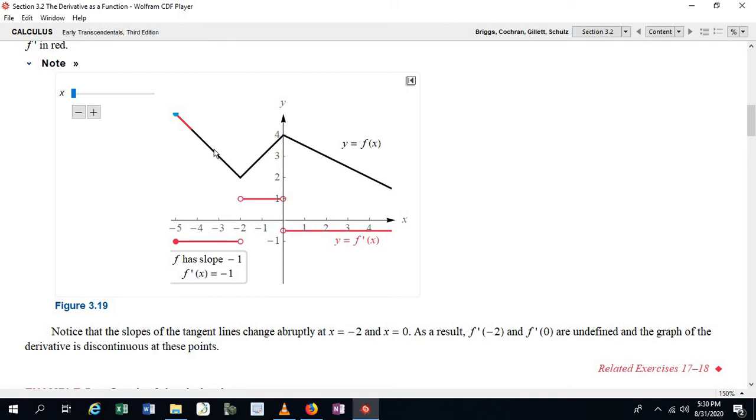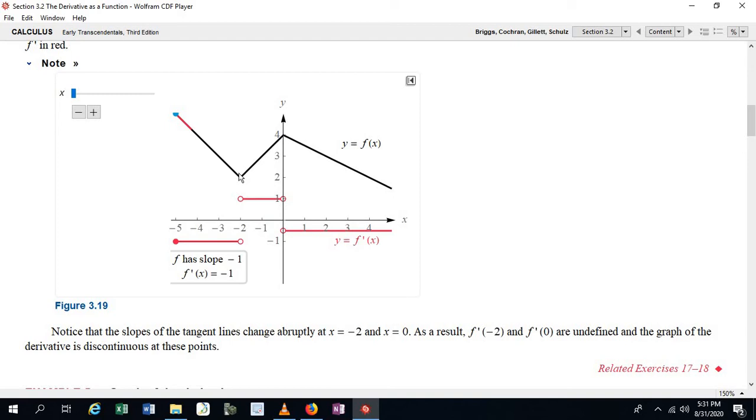But you're not. From the left-hand side, you're approaching -1, and from the right-hand side, you're approaching +1. And so the slope of the tangent line does not exist at this point, because there is no line. That's why f prime evaluated at -2 does not exist.